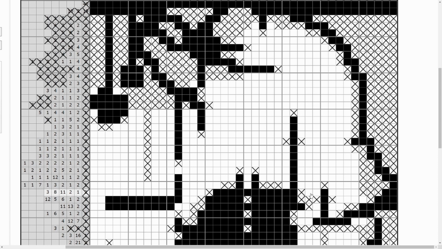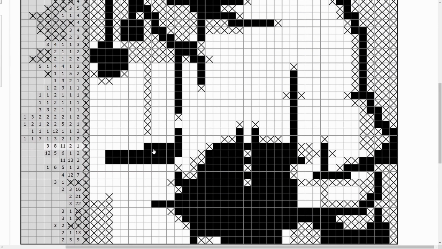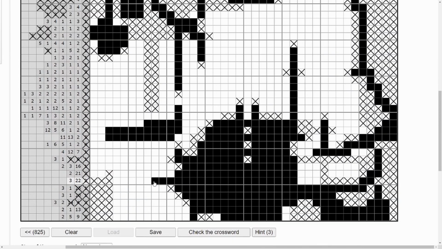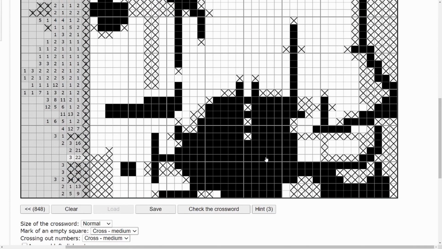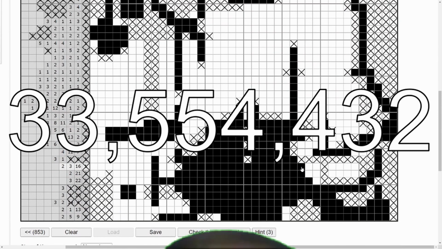Even though you've already seen the amount of state spaces you can have in a 10x10 nonogram, I thought I'd just show you how fast this thing goes once you go up from 3. The next one is 2 to the power of 5 to the power of 2. That number is 33,554,432.